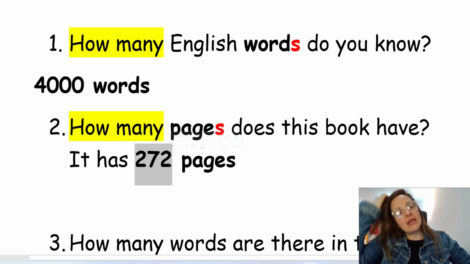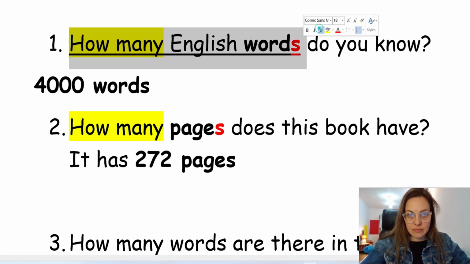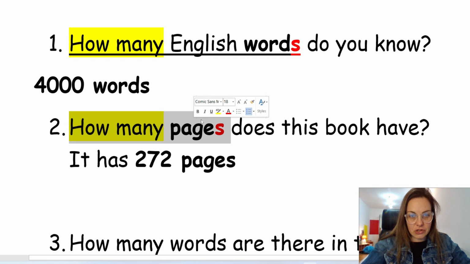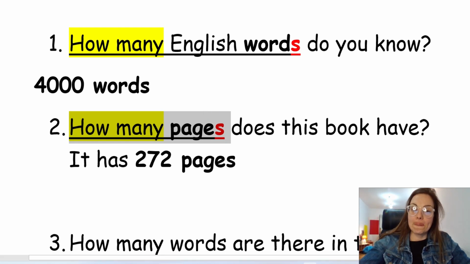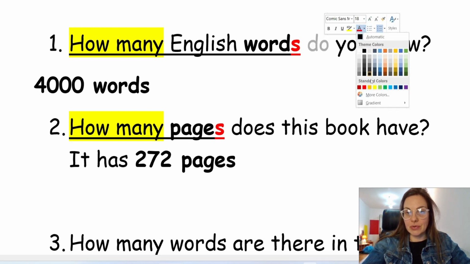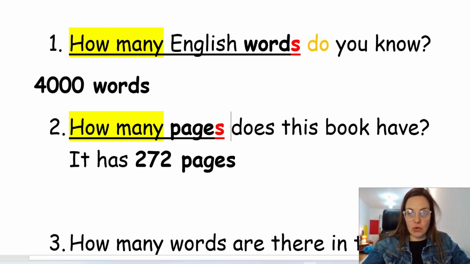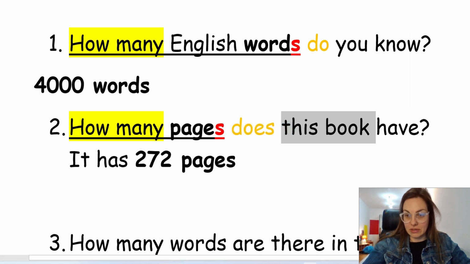And pay attention to how we make questions here in present simple tense. So how many English words or how many pages, that's the question word. And then a very important word, the auxiliary verb do or does, depending on the subject.